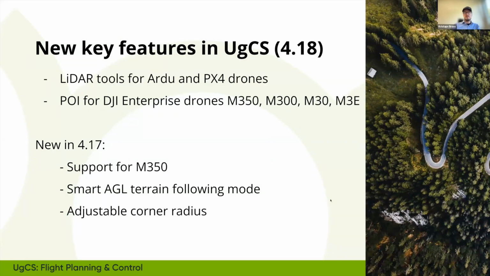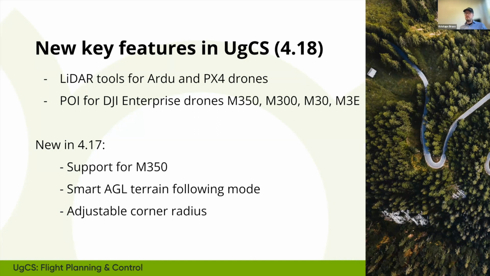So firstly, about some new features in UgCS. With UgCS 4.18, firstly, we released LiDAR tools for Autopilot and PX4 drones. What this means is that LiDAR area, LiDAR corridor, as well as the pattern tool, are now unlocked for these drones.